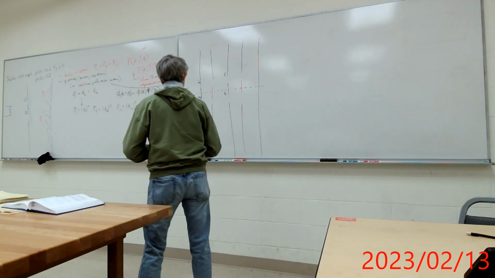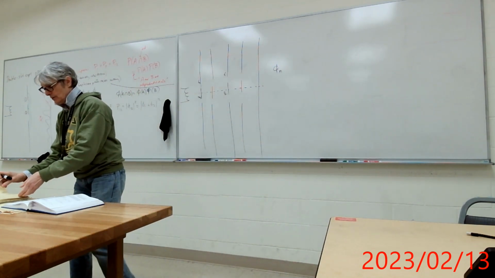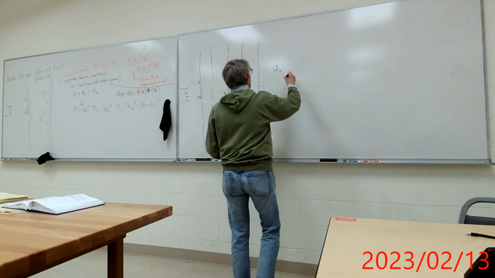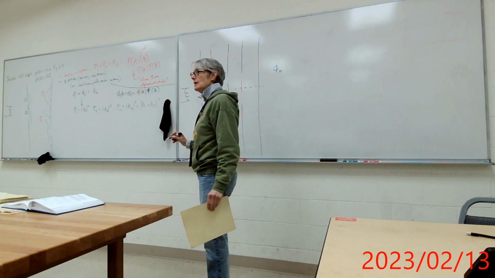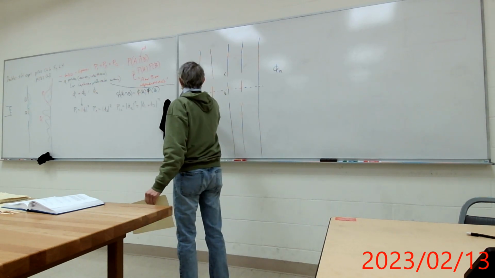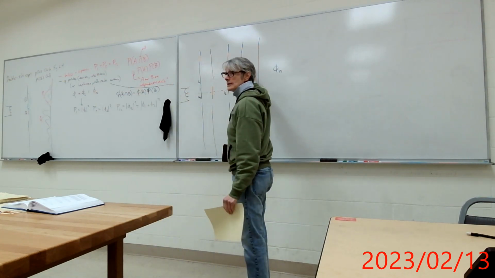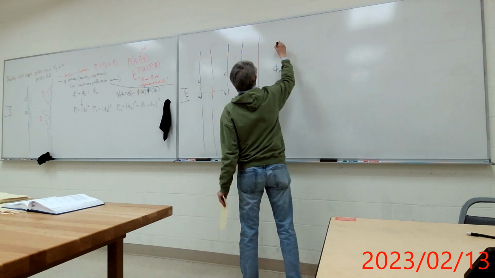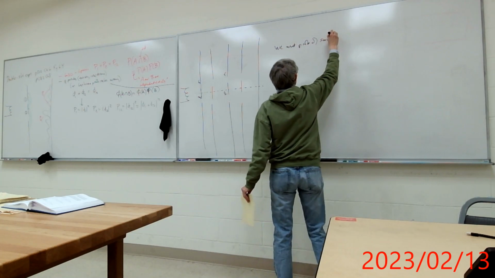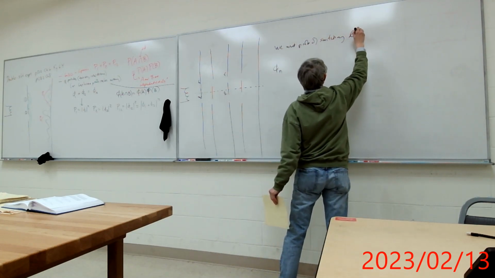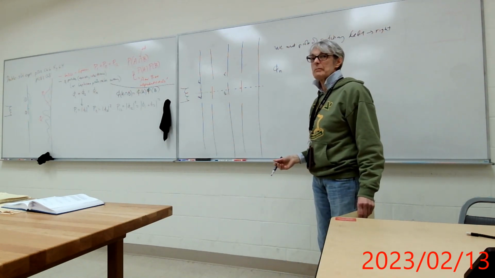So then we would say that phi n, let me just copy my notation here so I don't screw it up, of, let's say we want to find out what the probability is of an electron or a quantum mechanical particle switching from the left-hand side to the right-hand side. So we want the probability of switching from left to right, or right to left. By symmetry, it's the same thing.